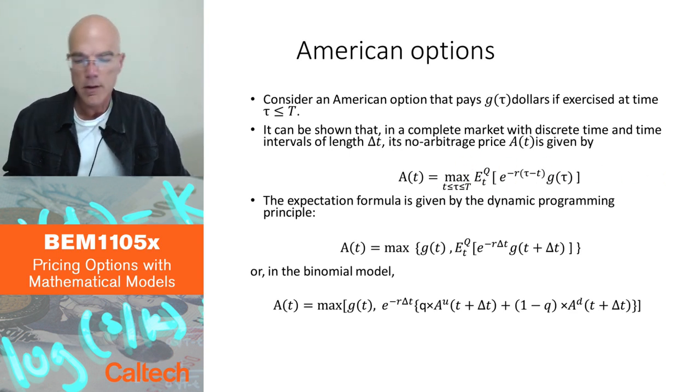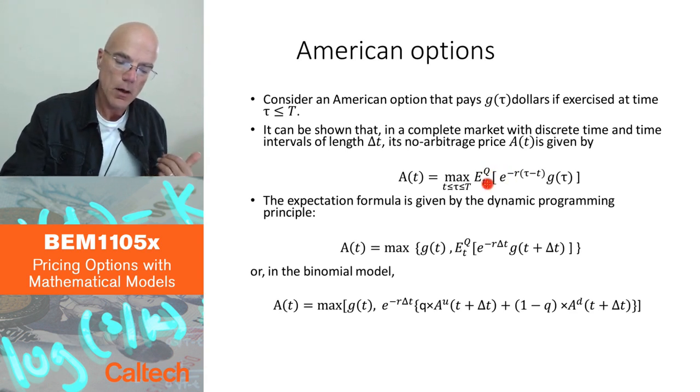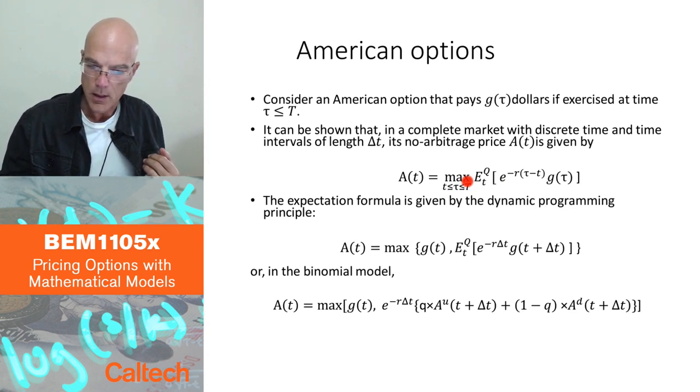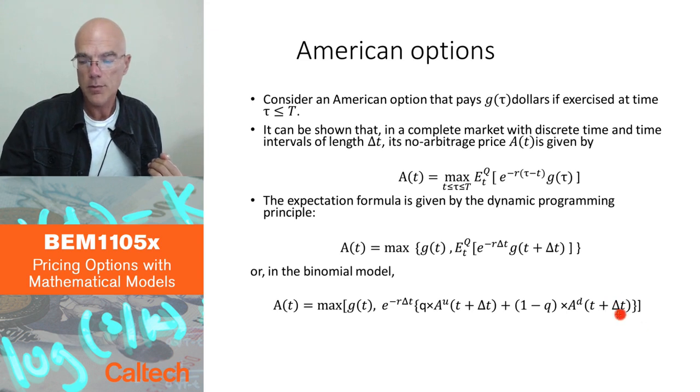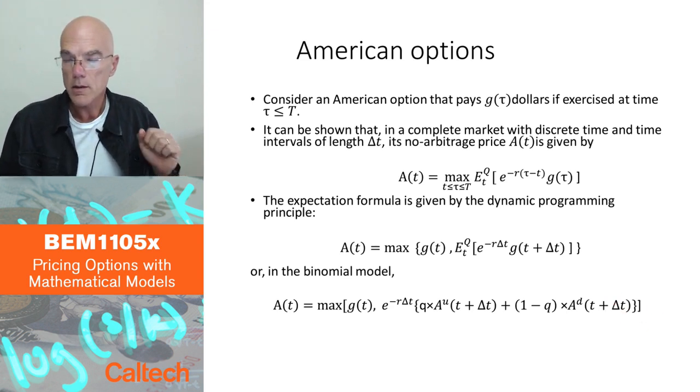Now, it turns out that in a market which is complete, the buyer will also be happy with this price. It's not necessarily easy to prove, but it can be proved that the buyer will also be able to replicate the payoffs he will get in the future.